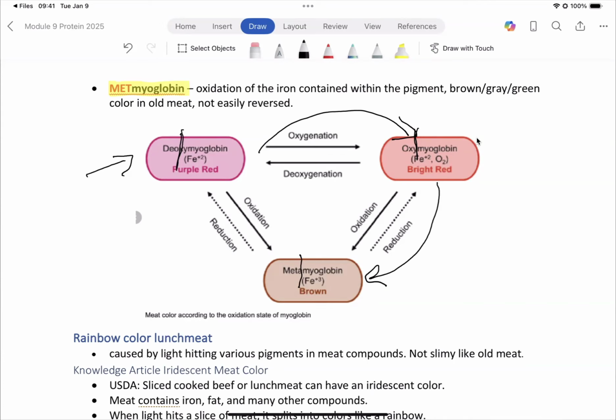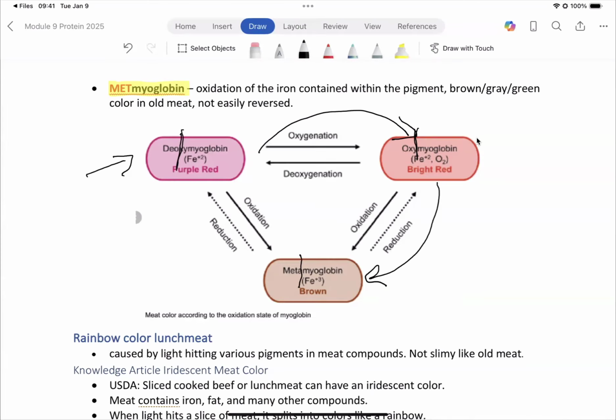And there's nothing wrong with the meat other than visually. Correct. Unless it gets slimy. Well, that's a whole other level of yuck. But it's a great way to save money on really good meat when they mark it down as a manager special because it's in the metmyoglobin stage. Correct. Right. As long as it's been well taken care of.